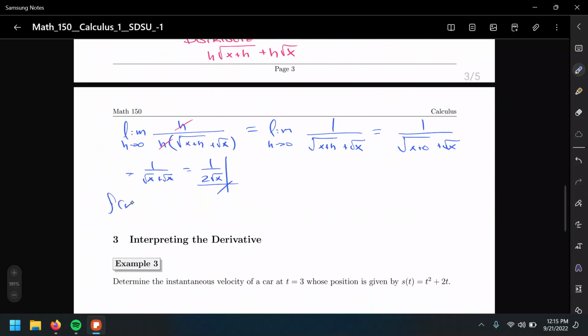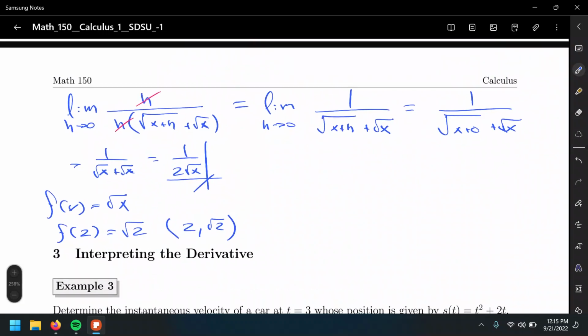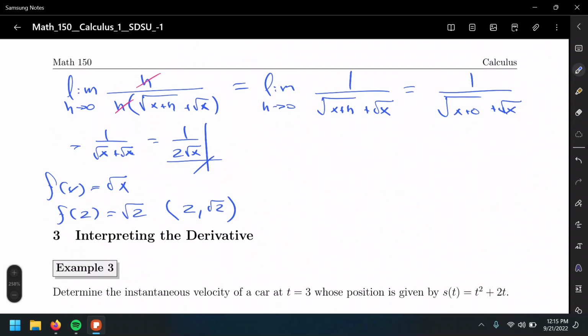So f of x equals square root of x. That means f of 2 equals the square root of 2. That means the point 2 comma root of 2. So we are going to use the expression that we obtained, this derivative via limit definition, to find the slope. Okay, so that's one piece of information.